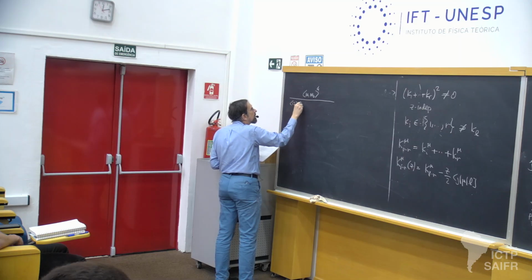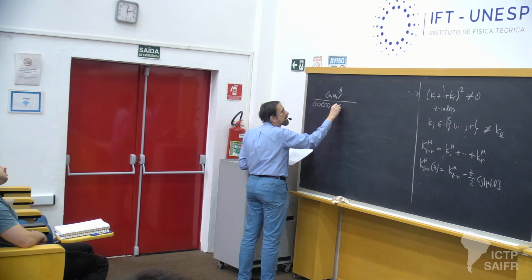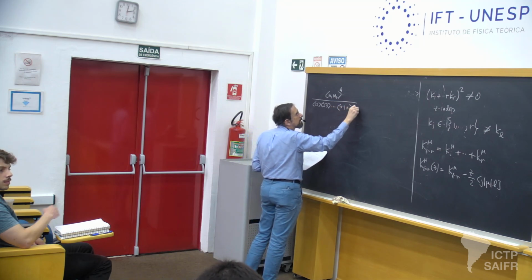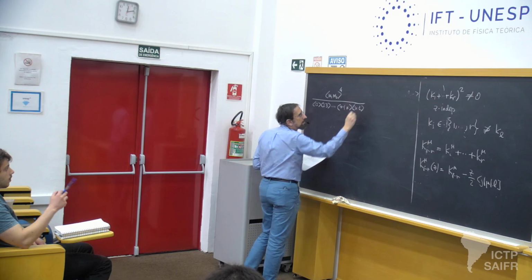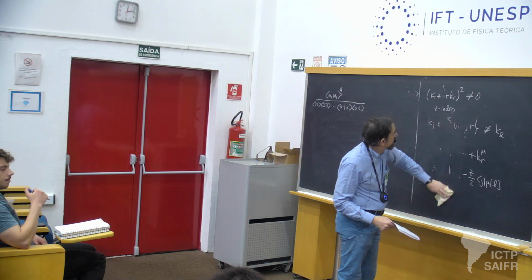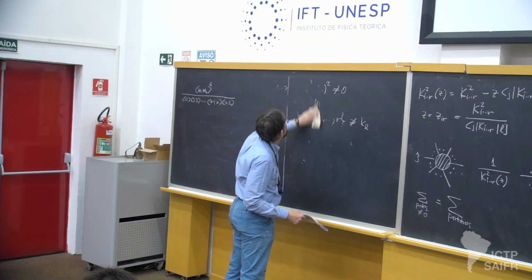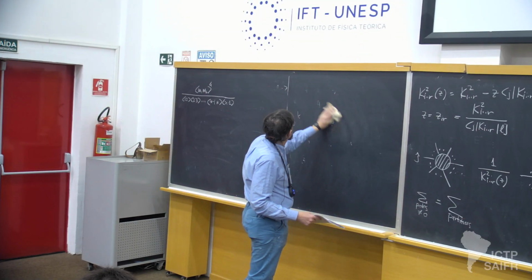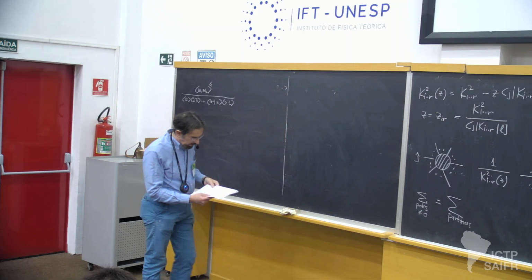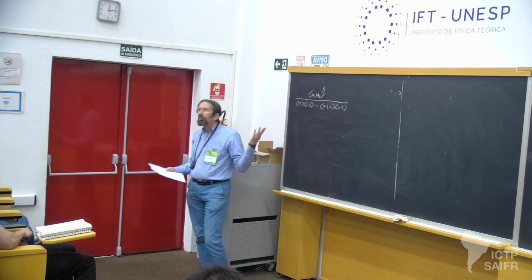So I'll try to leave this formula up on the board so you can refer to it as I'm going through the different cases. So we're going to do shifts on here just to get a feel for what's going on.